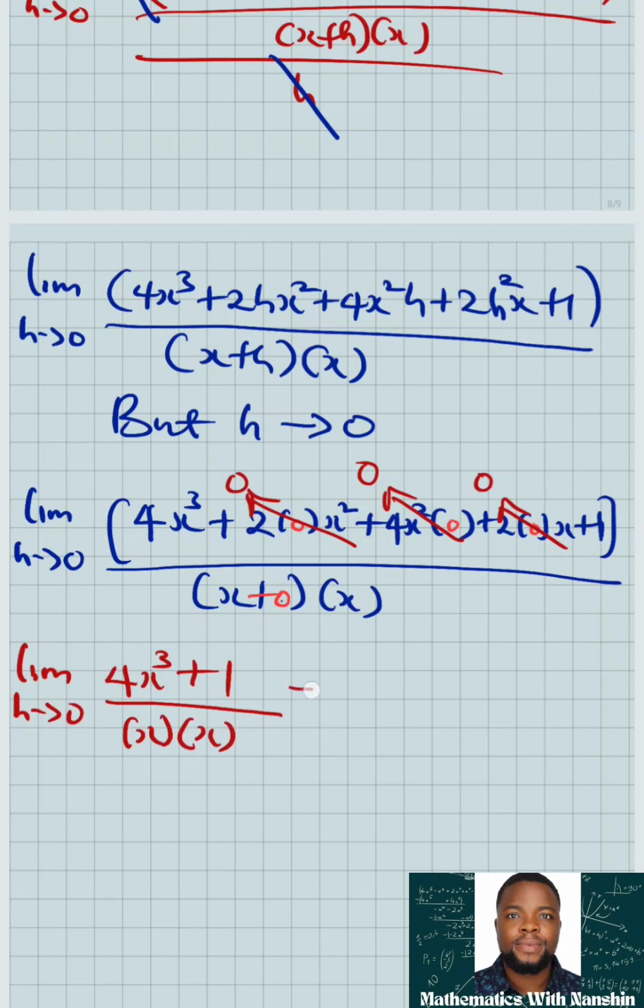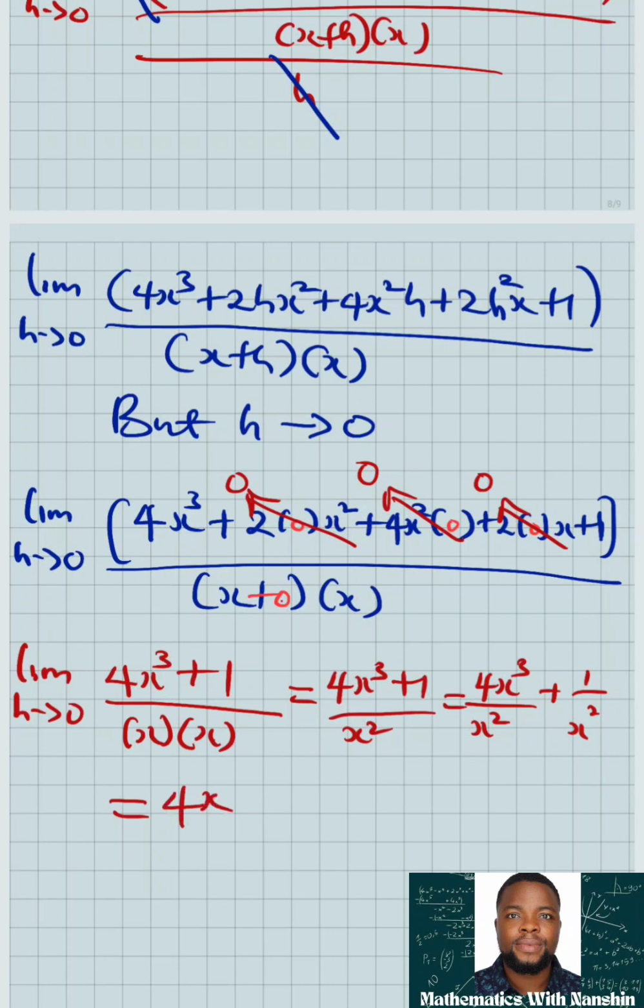This is equal to 4x cubed plus 1. x times x is x squared, so this is the same thing as 4x cubed all over x squared plus 1 all over x squared. You can distribute the LCM and write it term by term. That's what I did. So this x squared will go into this x cubed. You have 4x plus 1 all over x squared. So this is your derivative. This here is your derivative.